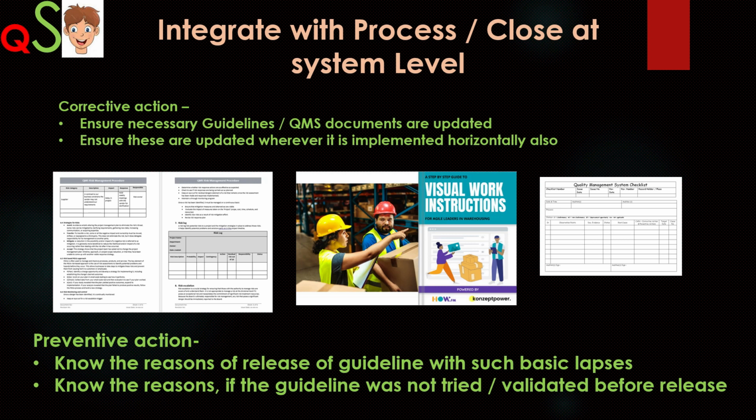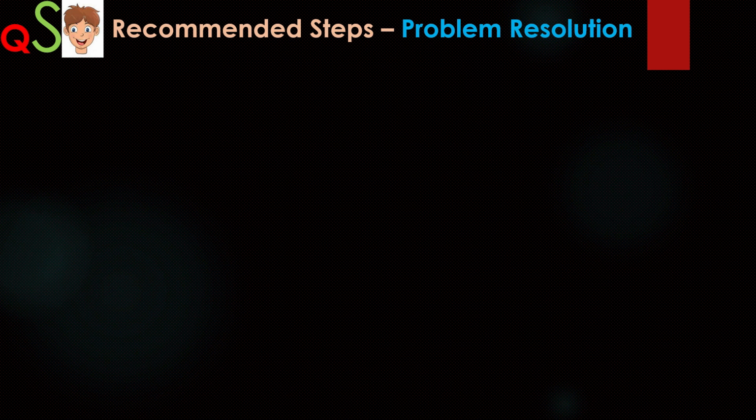The document to be updated could be an engineering drawing, or any QMS document like a format, procedure, work instruction, guideline, etc. So friends, based on this discussion so far and based on my experience in this field, I suggest the following steps to be followed in finding the root cause and resolving it completely.